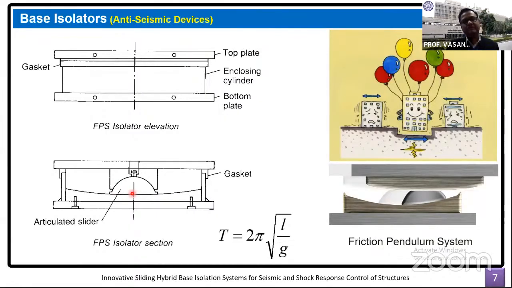So there has been some research to check what happens to the friction between these two sliding surfaces over a number of cycles. That depends on what kind of material is put in between, and these days some advanced materials are available which are able to maintain the friction coefficient as designed.